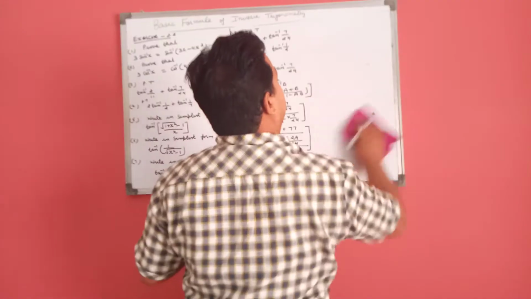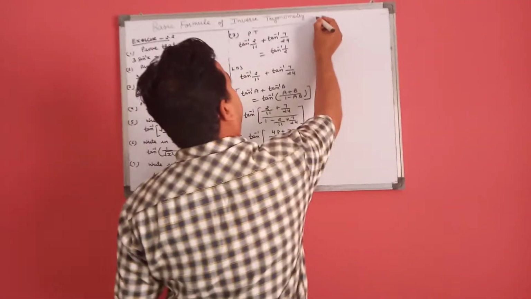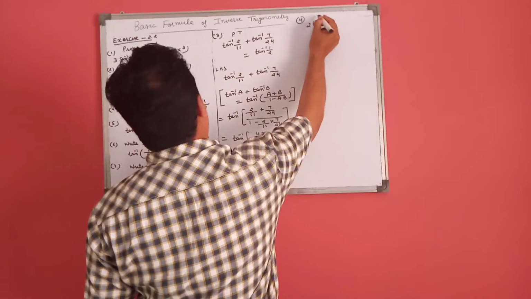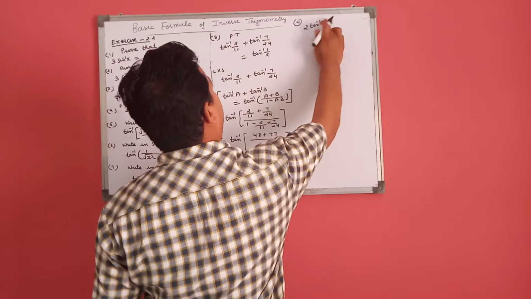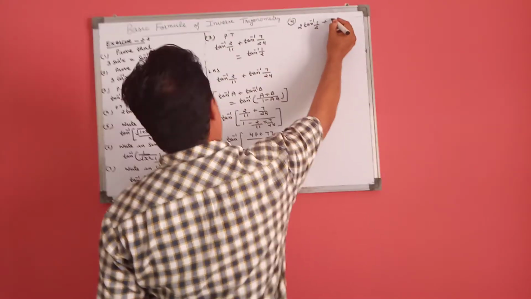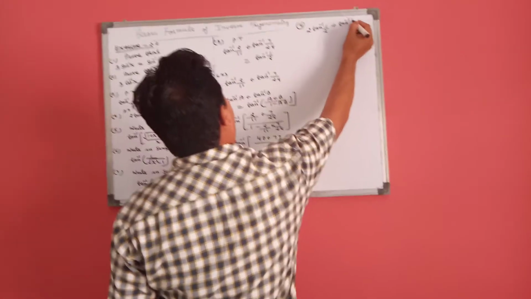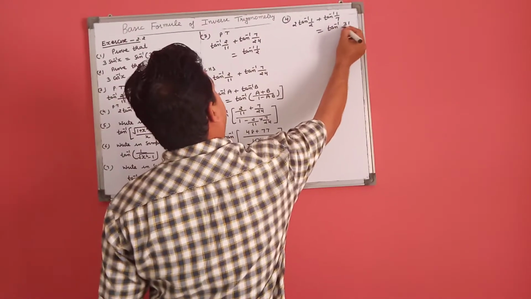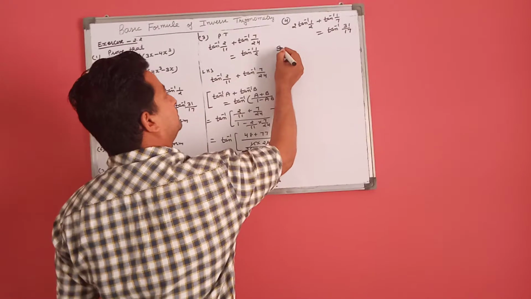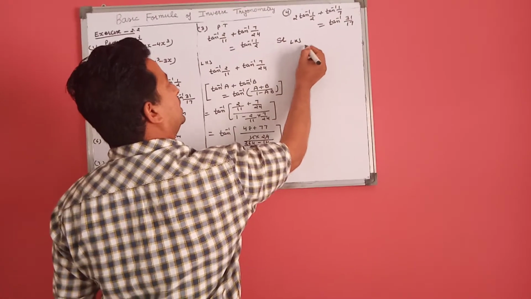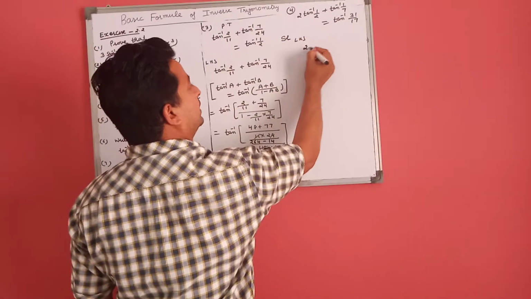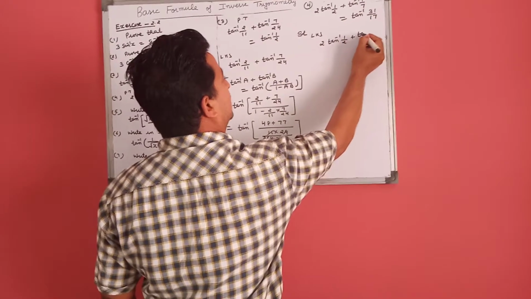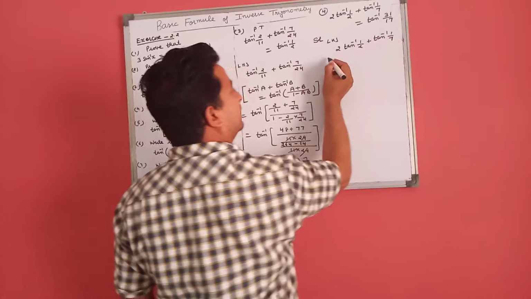In question number 4, the statement is 2 tan inverse 1 by 2 plus tan inverse 1 by 7 equals tan inverse 31 by 17. In this question, we take the left hand side, that is 2 tan inverse half plus tan inverse 1 by 7.